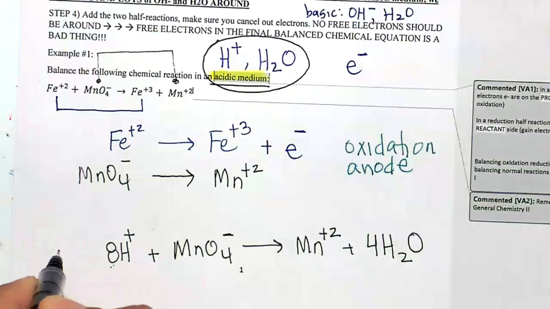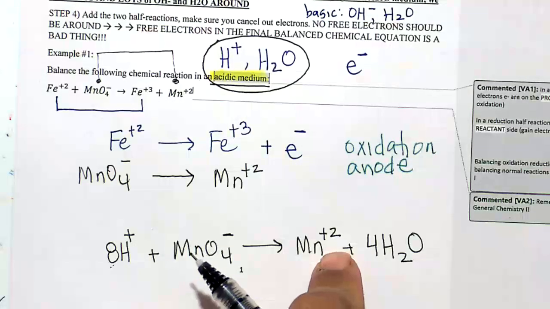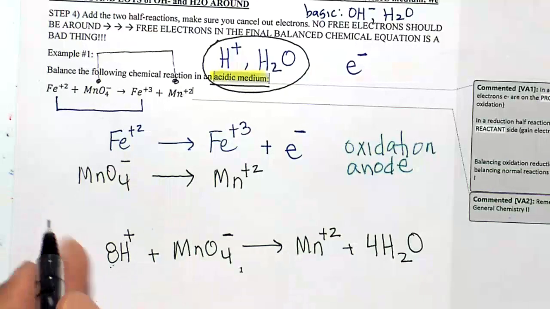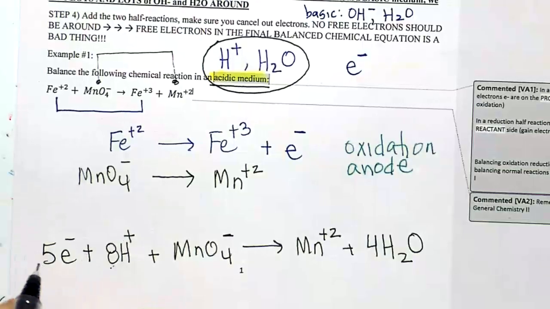What do you guys think? Plus 7 here, plus 2, so it's going to be 5 electrons. So this balances out that half reaction.